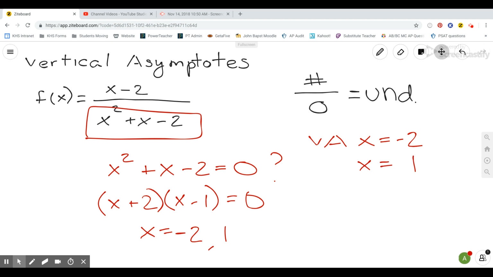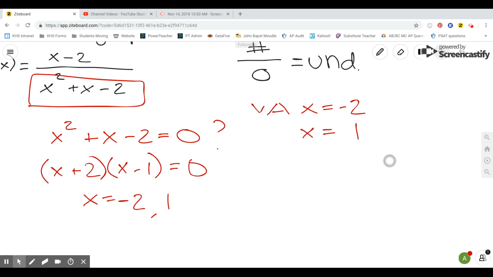So if you were asked for the equations of your vertical asymptotes, that is what you would give, because remember, a horizontal line is a y equals equation, and your vertical asymptotes are going to be vertical lines.